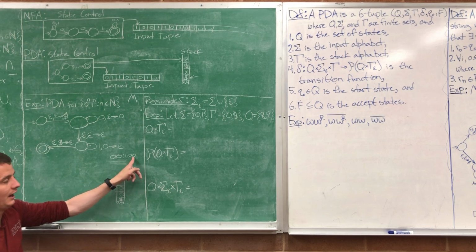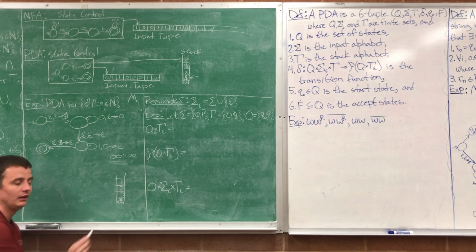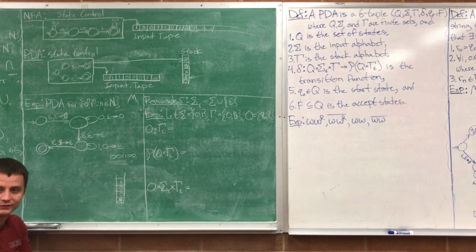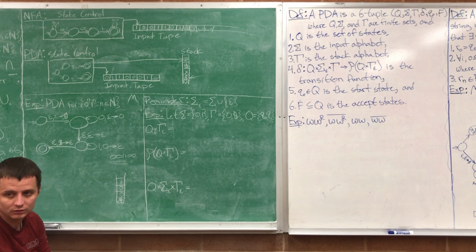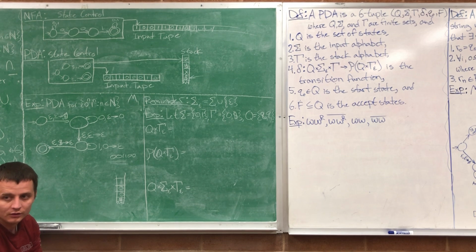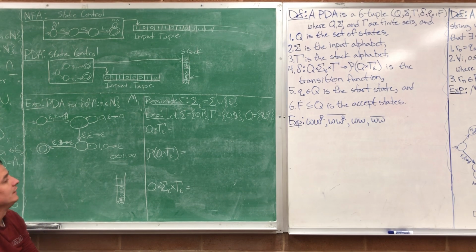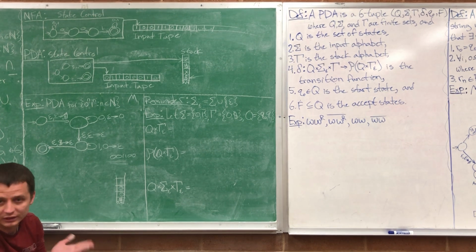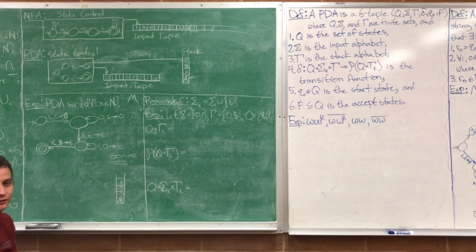Then as I read the second half of the string, I'm going to pop off as I see those variables, making sure that it's the same thing I see on the stack. That's forcing matching. Basically what a stack gives us is the ability to count one thing.